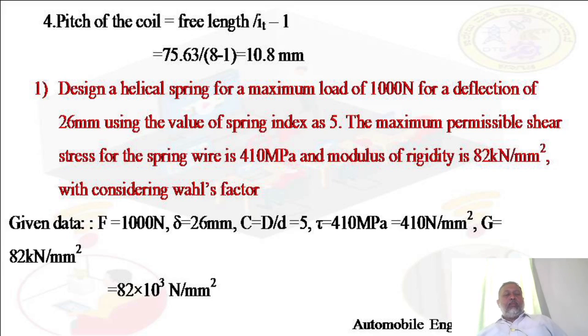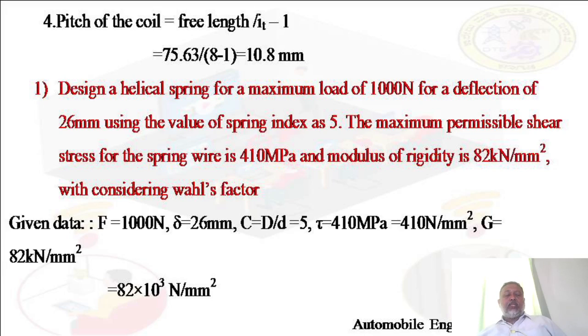One more problem: design a helical spring for a maximum load of 1000 Newton for a deflection of 26 mm, using the spring index as 5. The maximum permissible shear stress for the spring wire is 410 megapascal and modulus of rigidity 82 kN per mm square, considering Wahl's factor. So write down the data and better find the Wahl's factor.